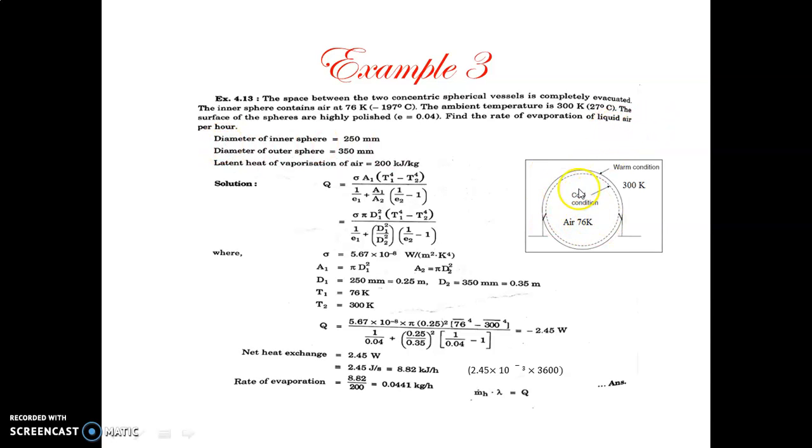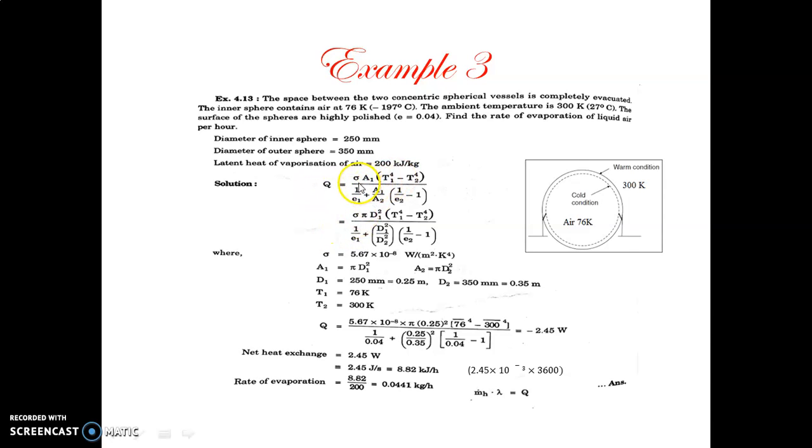As the temperature is negative, some evaporation takes place in the sphere. That evaporation rate we have to calculate. For that purpose we first calculate Q, and then the rate of evaporation.